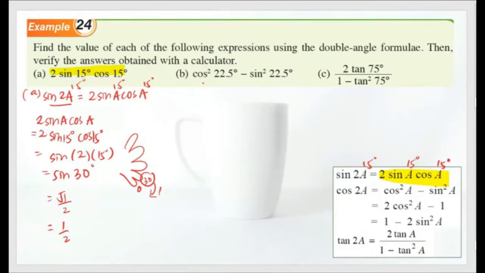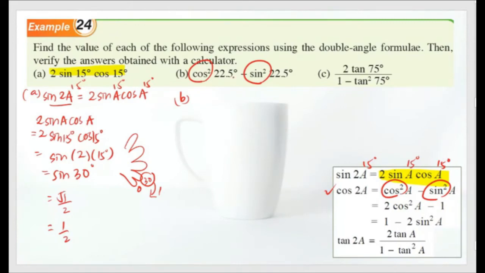Okay, so now we look at (b). Cos square minus sine square. Which formula uses cos square minus sine square? So circle cos 2A.